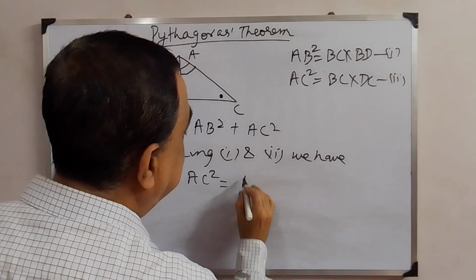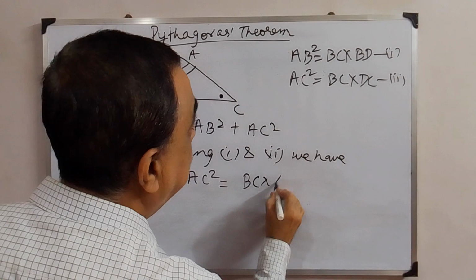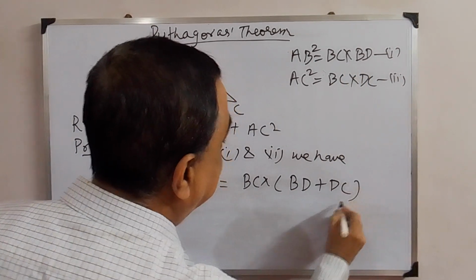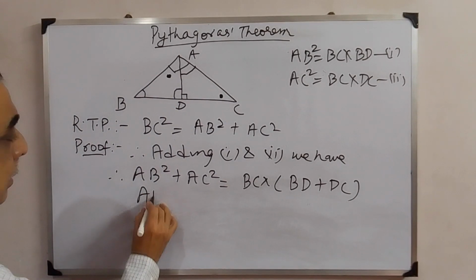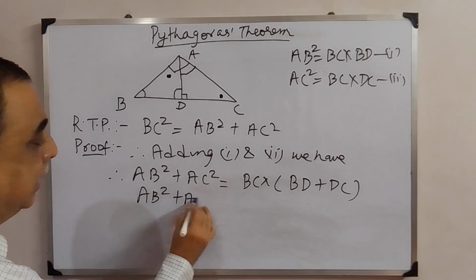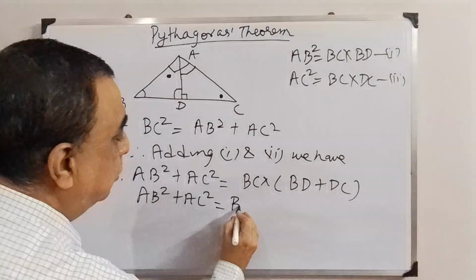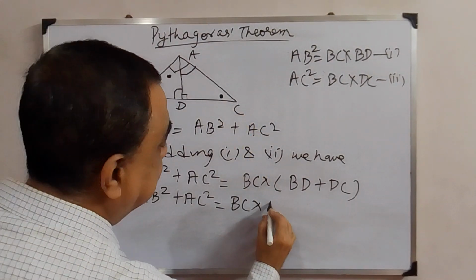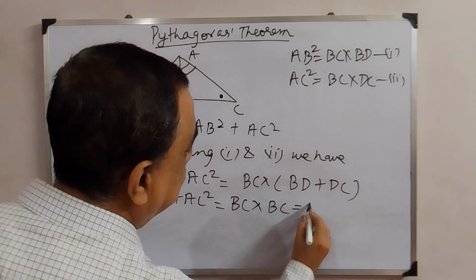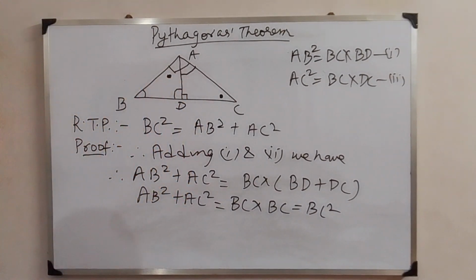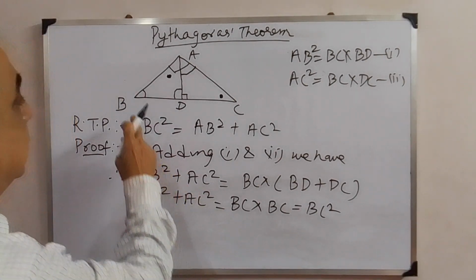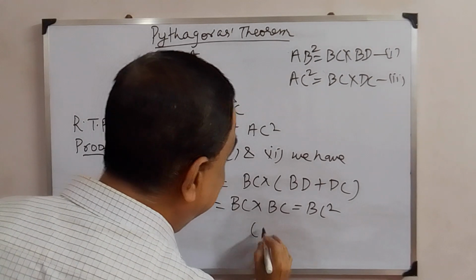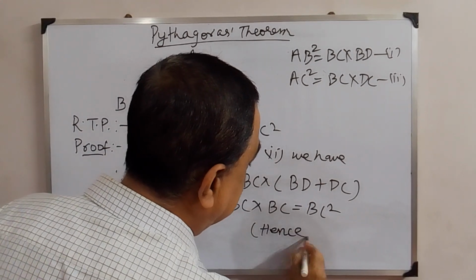On the right hand side, BC is common, so I am taking BC common out, and that will be BD plus DC. So AB squared plus AC squared is equal to BC into BD plus DC, which is equal to BC. So that is equal to BC squared. That was required to prove, that is, BC squared is equal to AB squared plus AC squared. Hence we have proved the theorem.